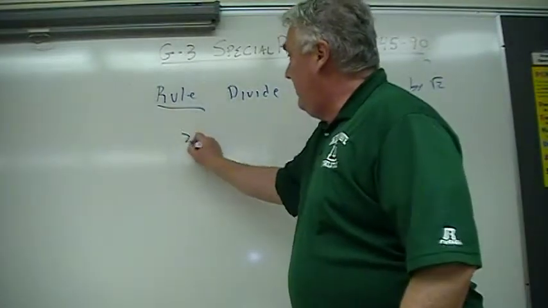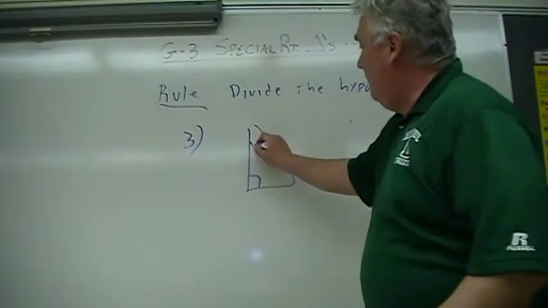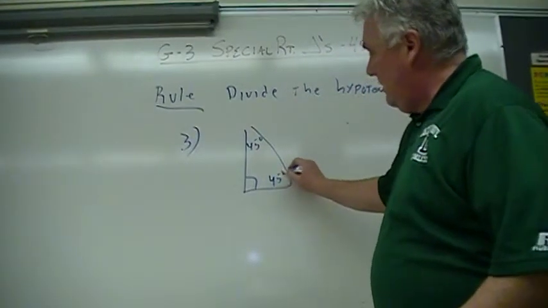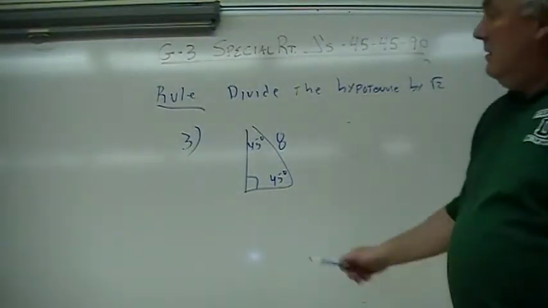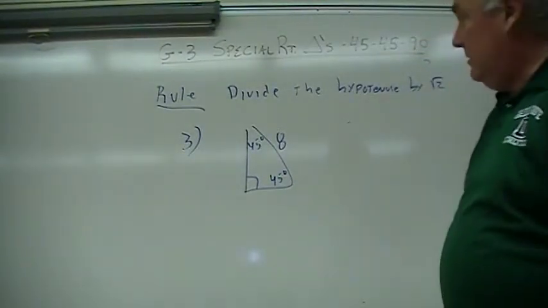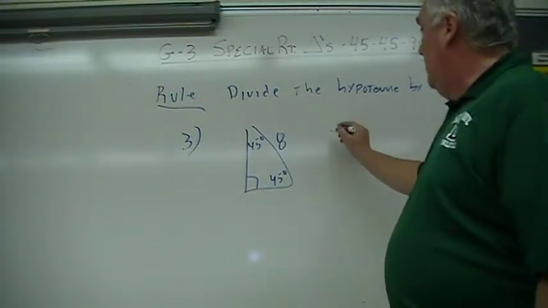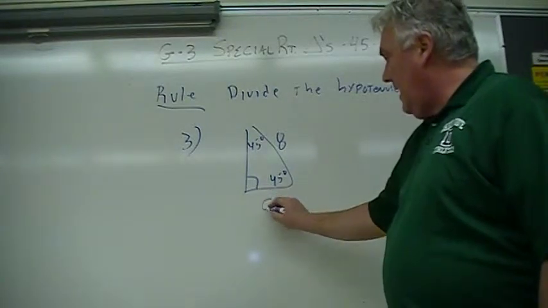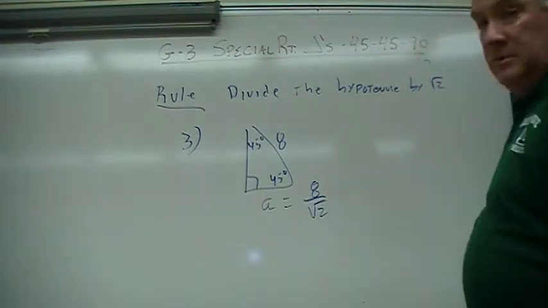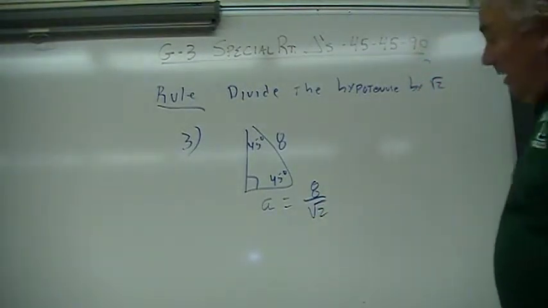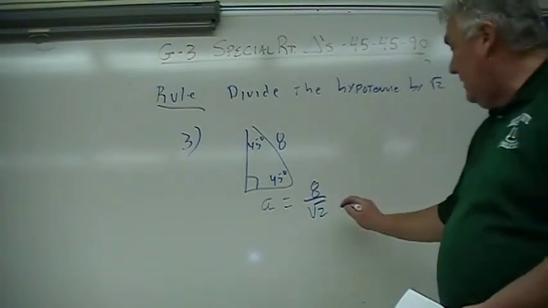Here is example number 3. I give you a triangle. It's 45, 45, 90. The hypotenuse is 8. What are the lengths of the legs? Divide the hypotenuse by the square root of 2. So this leg, we'll call it A, equals 8 divided by the square root of 2. Well, we don't like having radicals in the denominator. We learned that in the last lesson.